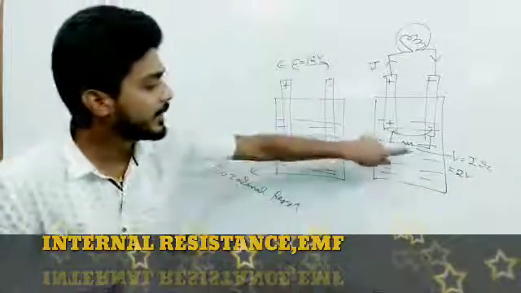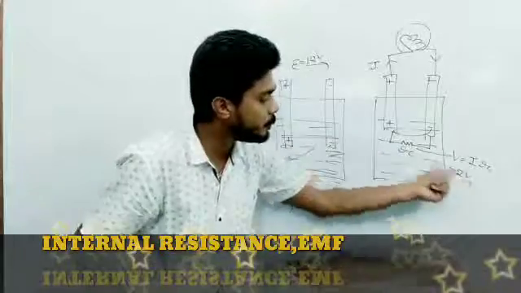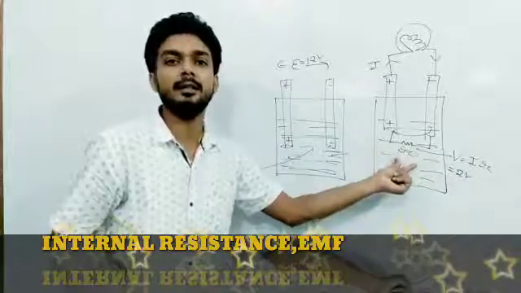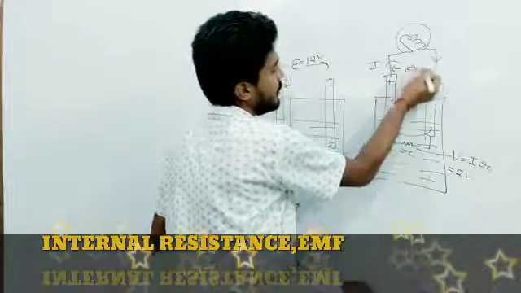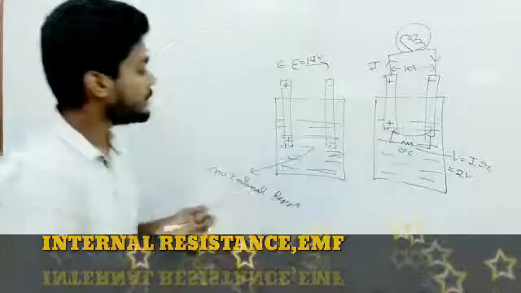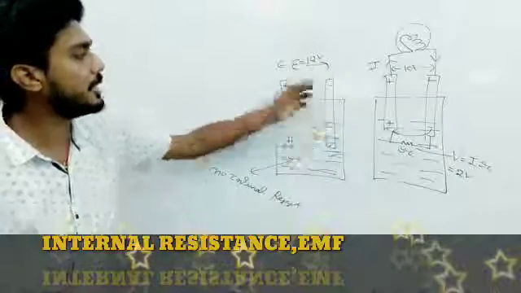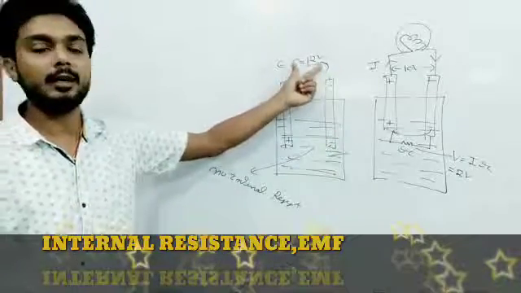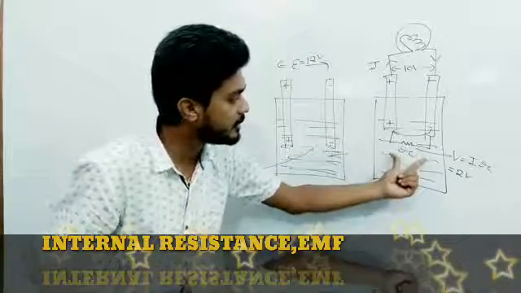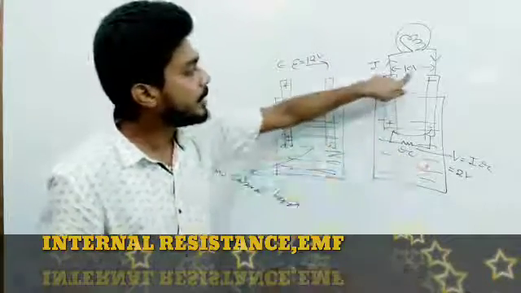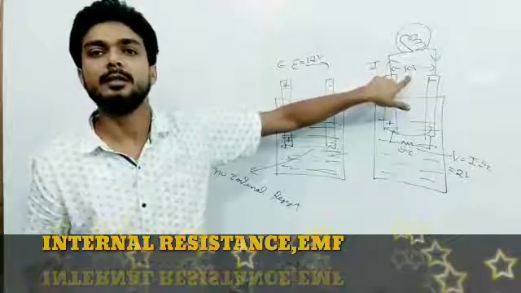Then there is a loss of 2 volt inside the cell. How much voltage will appear at the terminals? Only 10 volt, because the actual strength of the cell is 12 volt, and after this loss of 2 volt due to the internal resistance, there will be only 10 volt at the terminals.